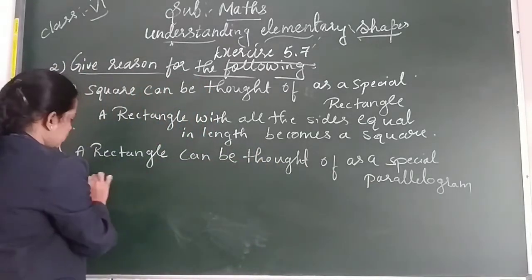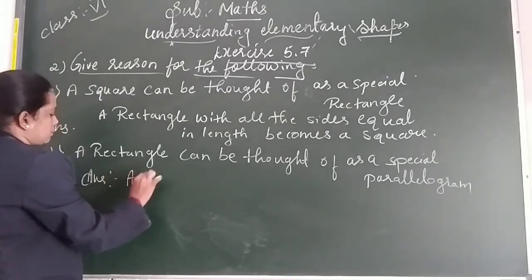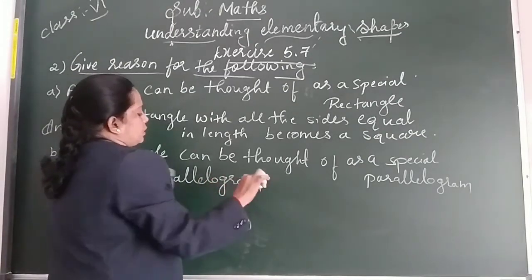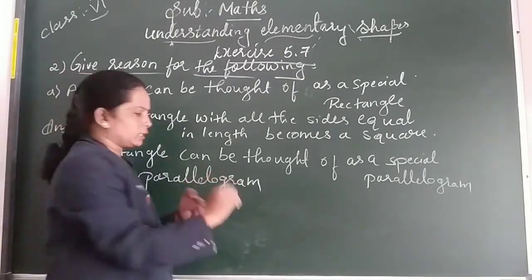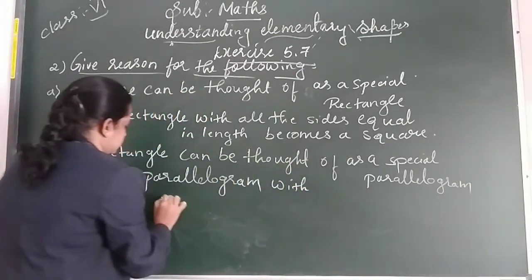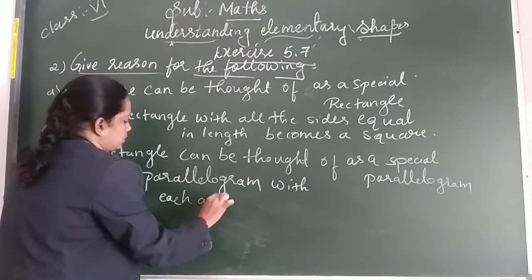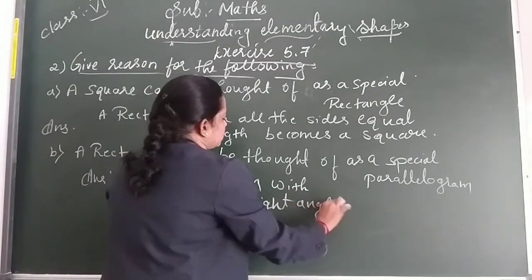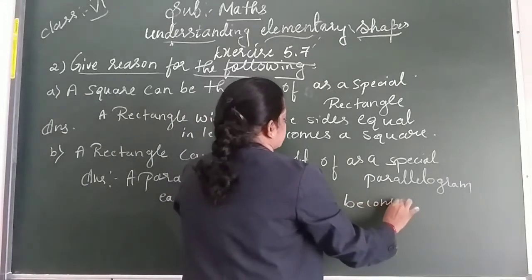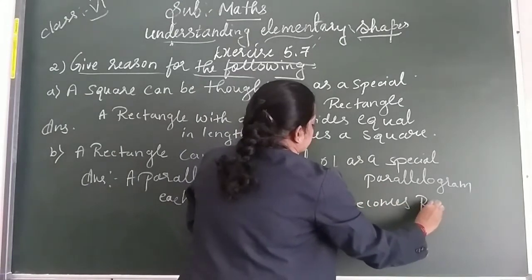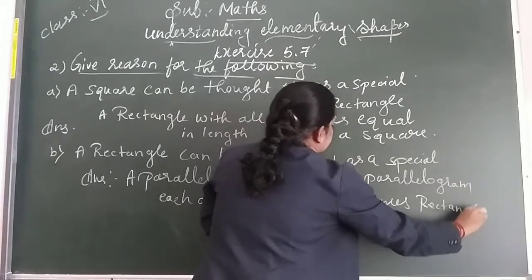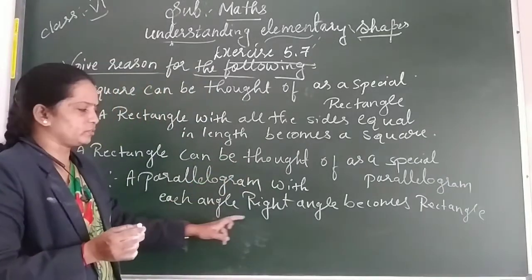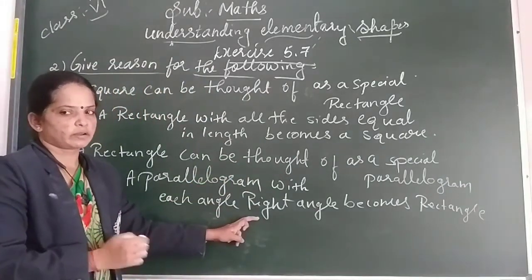So a parallelogram with each angle a right angle becomes a rectangle.